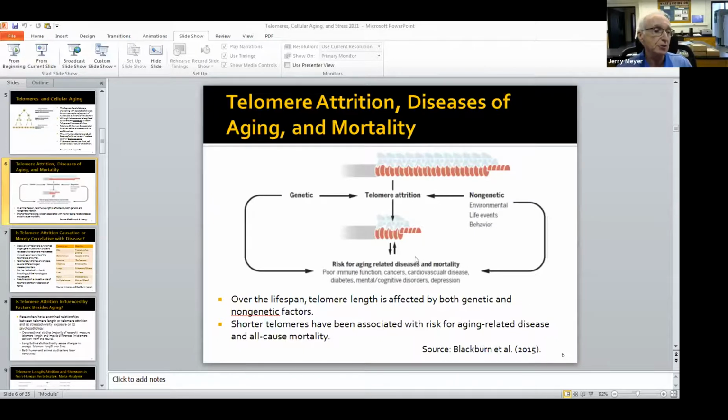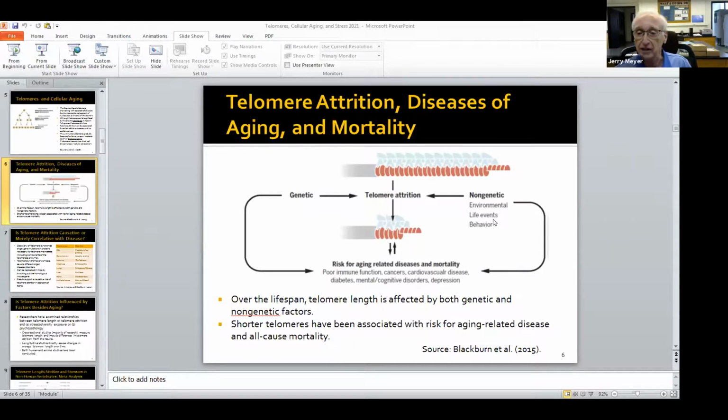Well, this is just a cartoon to illustrate some of the things that are going on. Here's the telomere attrition that we've been talking about, the shortening. As you might imagine, the rate at which this goes on in a particular individual can be affected by a number of factors. Some will be genetic, that you bring with you from birth. Others would be non-genetic, various environmental events, events in your life, particularly as we're focused on stressful or adverse effects, how you behave.